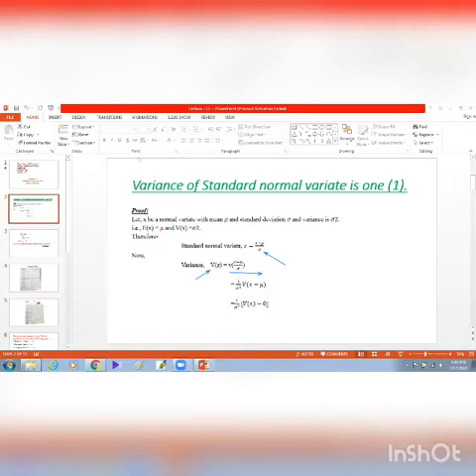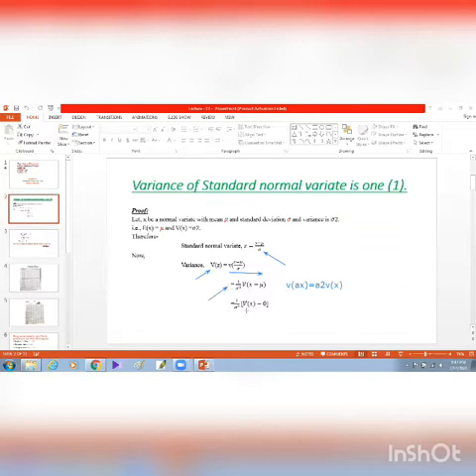And there is a property of variance: variance of ax equals a square variance of x. From the property we can write variance of x minus mu divided by sigma equals 1 divided by sigma square variance of x minus mu.